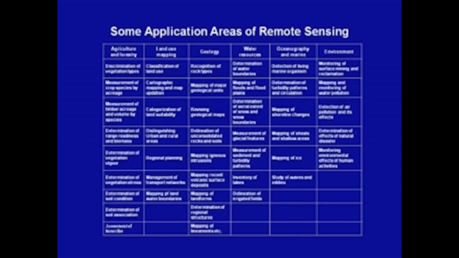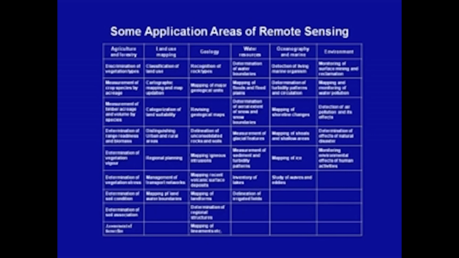In the area of oceanography and marine, it can be used for the detection of living marine organisms, determination of turbidity patterns and circulation of ocean currents, mapping of shoreline changes, mapping of shoals and shallow areas, mapping of ice, study of waves and eddies.